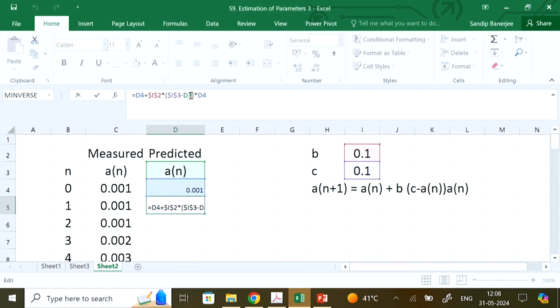Oh, so this will be D4. Yeah, so you get some value.